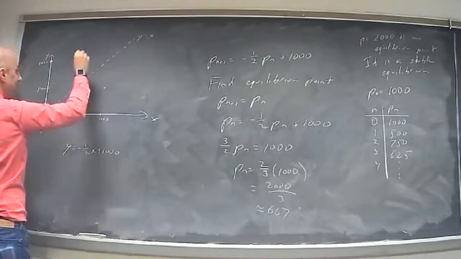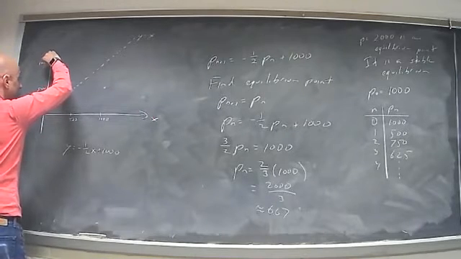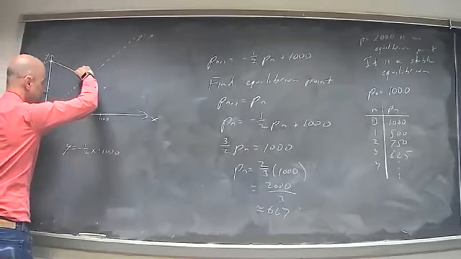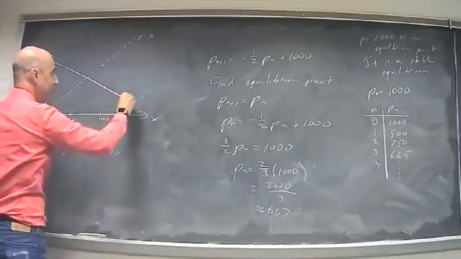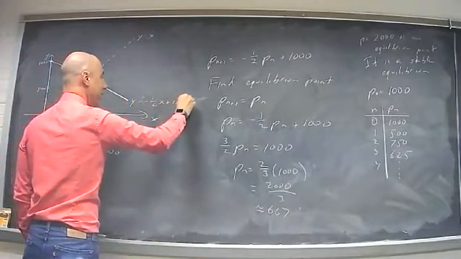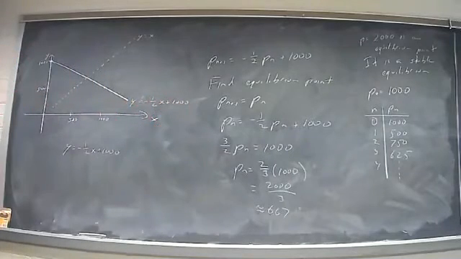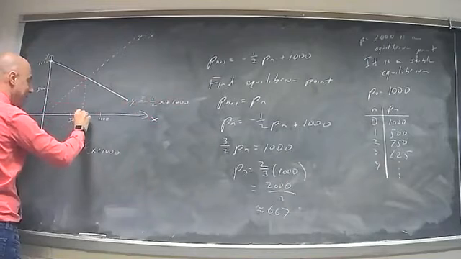And so that line looks like this. Again, that's supposed to be straight. So y equals minus 1/2 x plus 1,000. And we know these two lines cross at about 667.